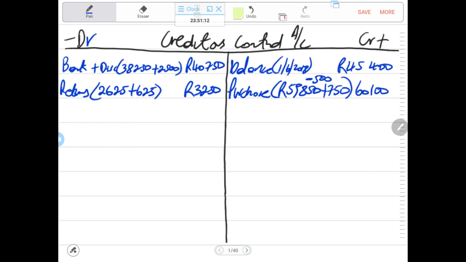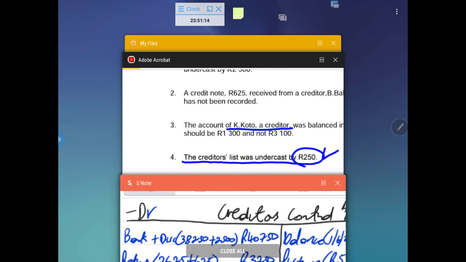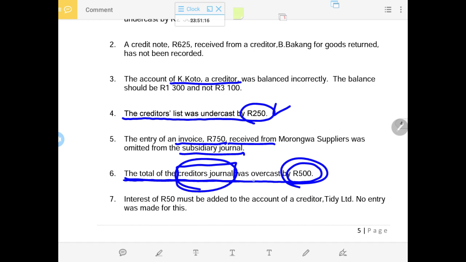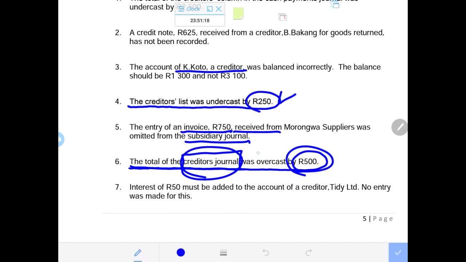Then it gives us 60,100. Why are we deducting? Because they said that it was overcasted. So that means the total that is in our creditors control column was overstated in the creditors journal. It was more than it was supposed to be, meaning our purchases were more than what they were supposed to be.